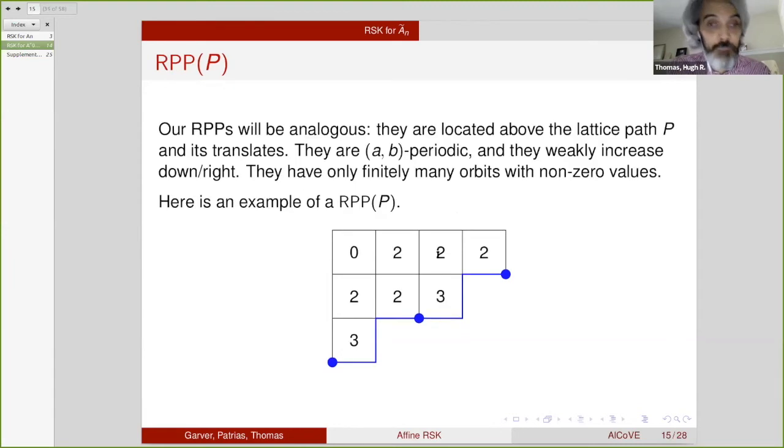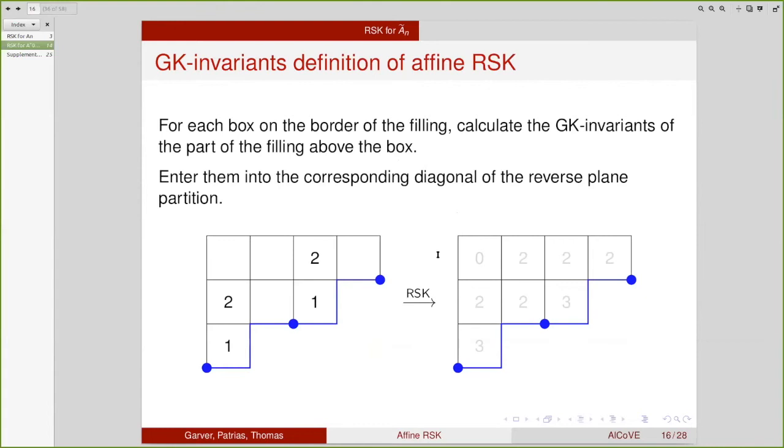The reverse plane partitions, it's the same kind of story. They're above the path. They're periodic. They weakly increase down and to the right, and they have only finitely many orbits with non-zero values. Okay, so the same story. And in fact, the next thing that I want to tell you is something that you are not going to be surprised about at all, because basically I'm going to tell you two definitions, the Greene-Kleitman invariant definition and the Toggly definition, and they agree.